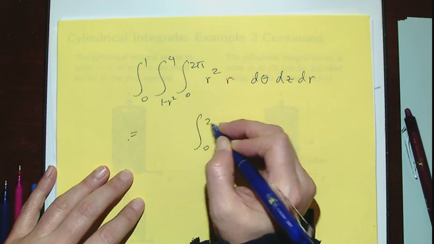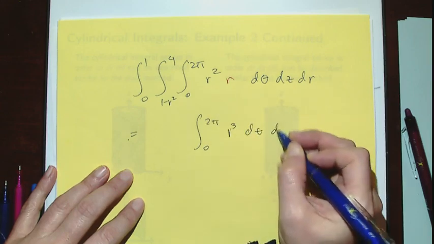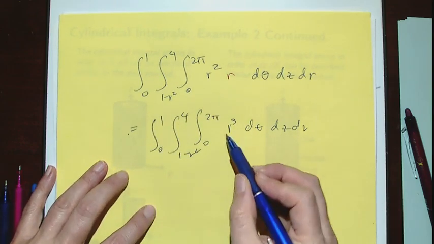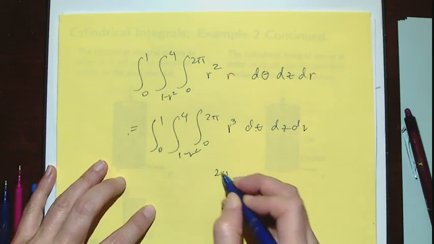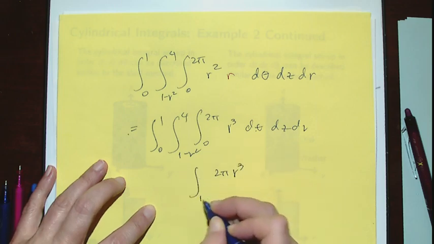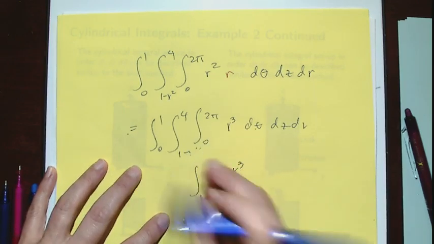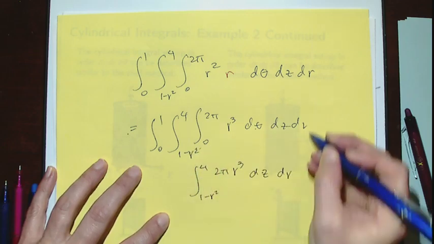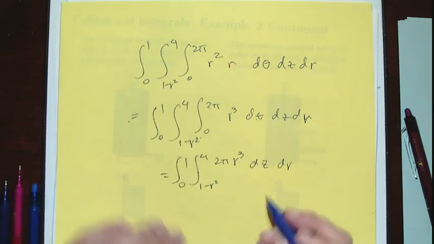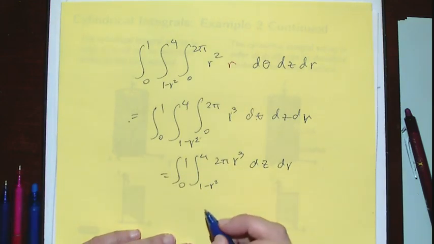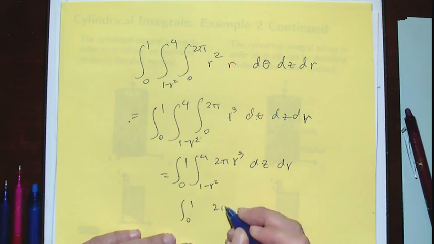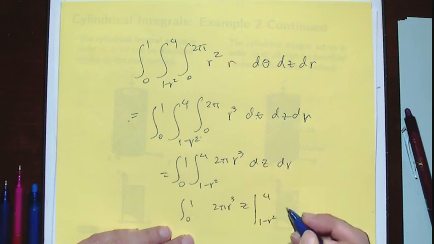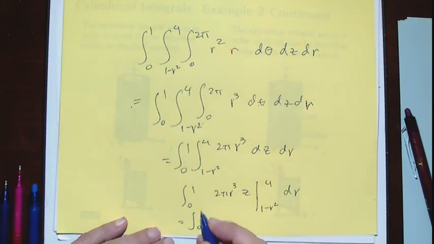So 0 to 2 pi, r, d theta dz dr. The d theta gives you 2 pi r, integral of 1 minus r squared to 4 dz dr. Then you get z, 2 pi r times z from 1 minus r squared to 4, dr from 0 to 1.